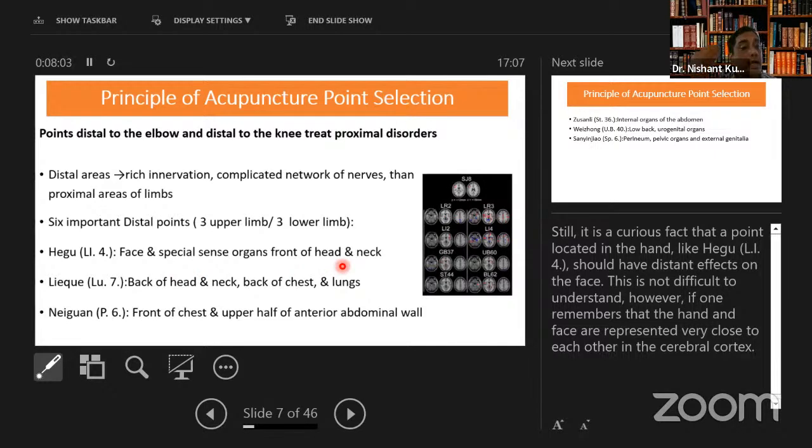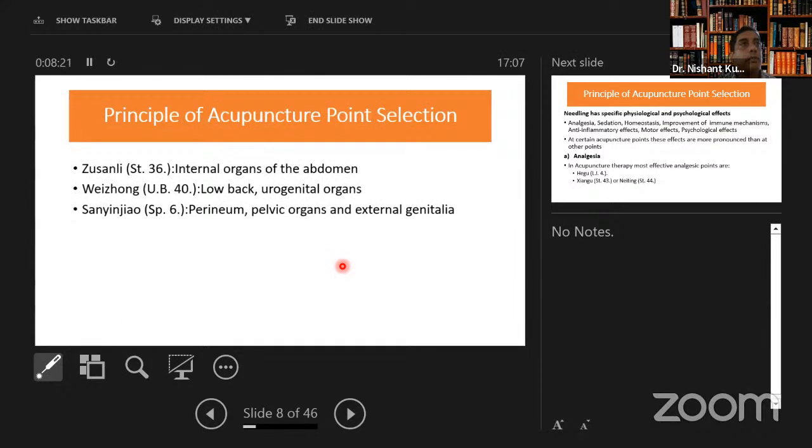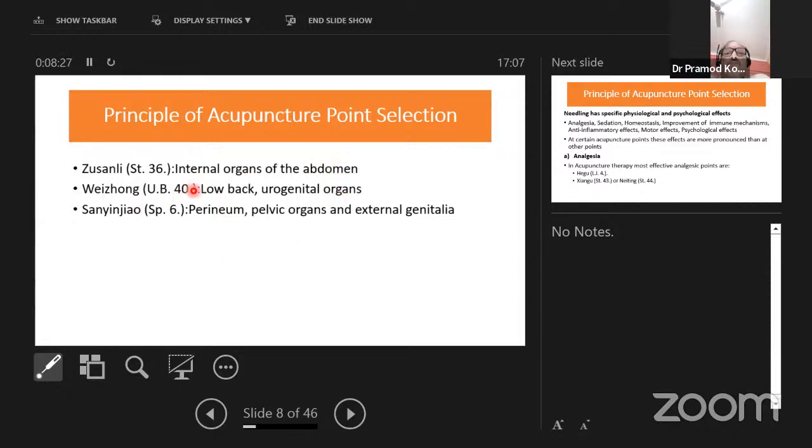LU7 for back of the head and neck, back of chest and lung, and P6 for front chest and upper half of the anterior abdominal wall. So this is how you basically choose points for any condition. And the lower limb points are usually stomach 36 for internal organs of the abdomen, UB40 for low back.